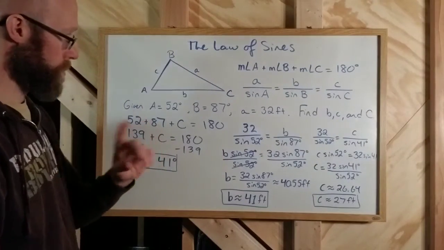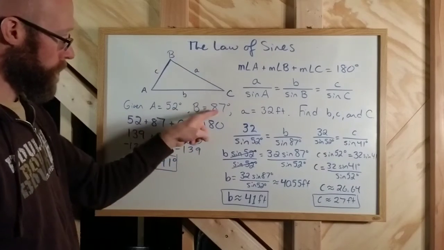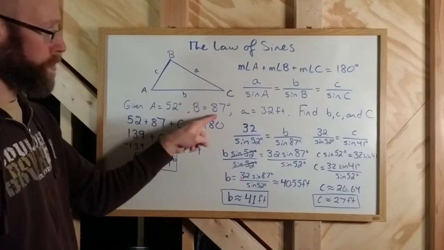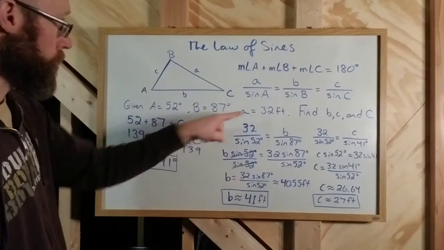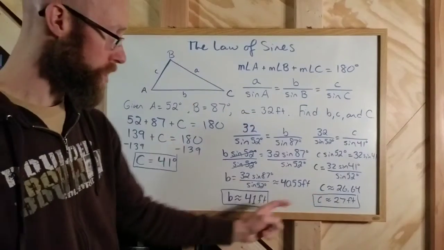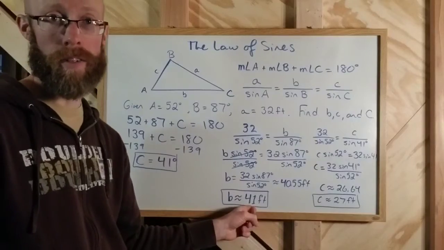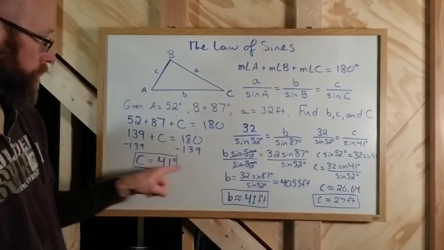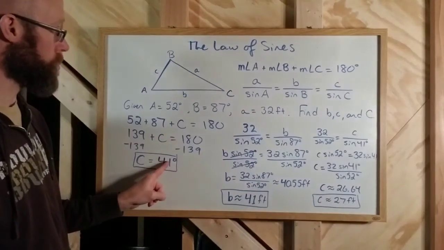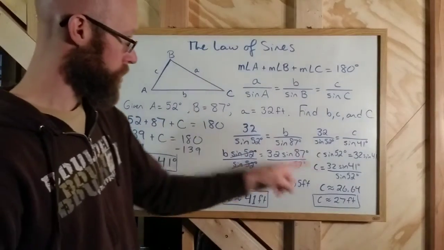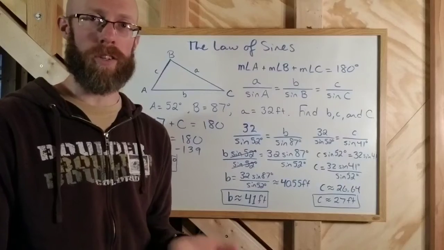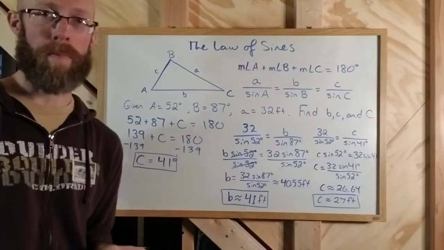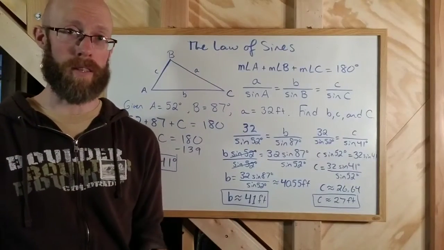Now here, of my three angles, angle B is obviously the largest. So of my three sides, 32, 41, and 27, side b is my largest. Angle C is the smallest, and side c is the smallest. So that works out. It's always a nice check. If that ends up not being the case, then you probably made a mistake somewhere.